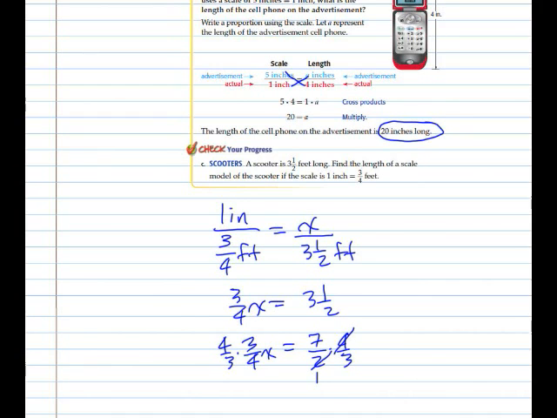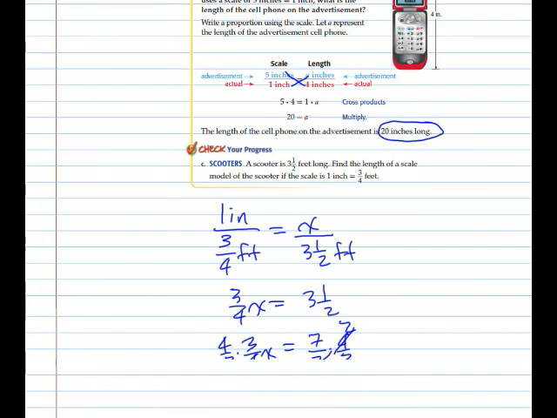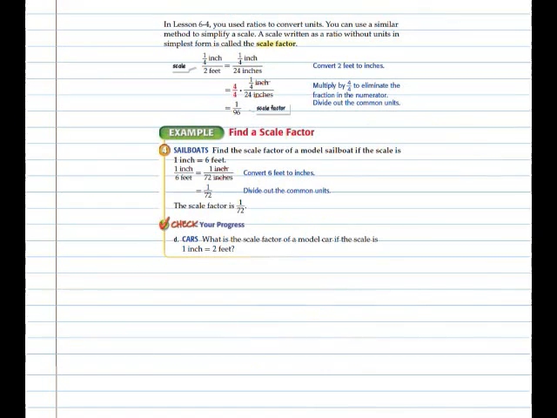We're going to change 3 1/2 to 7/2. We're going to multiply that by 4/3. We simplify here and here. X equals 14/3, which we would rewrite as 4 2/3 inches, which would be the length of our scale drawing of the scooter, which has an actual length of 3 1/2 feet.